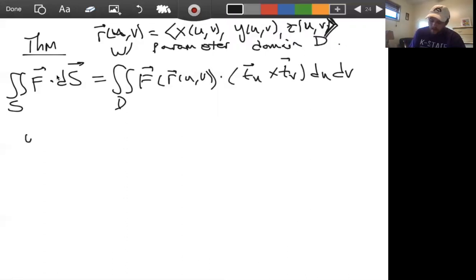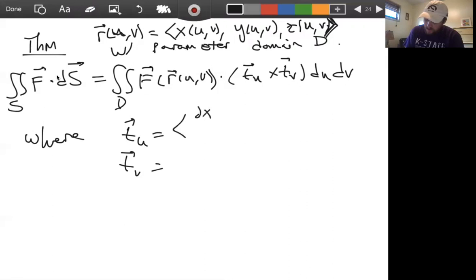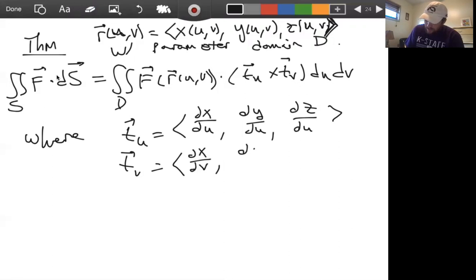Where, remember, T sub u and T sub v are the tangent vectors that are calculated from the parameterization. So T sub u is the vector dx/du, dy/du, dz/du, and T sub v is dx/dv, dy/dv, dz/dv.